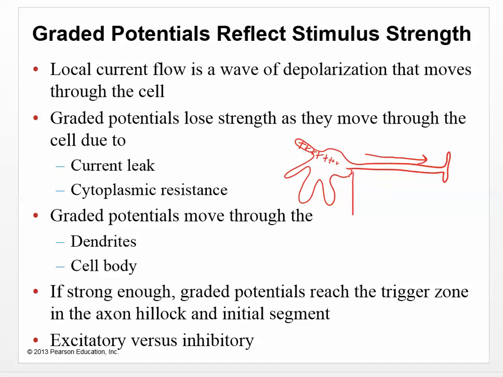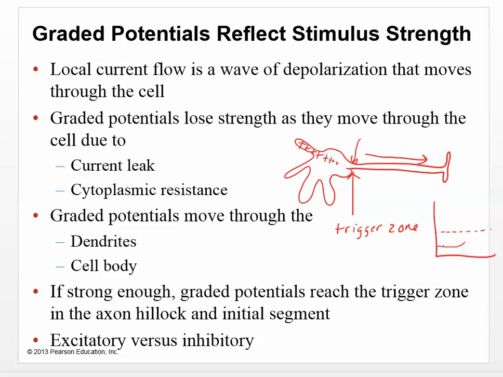So there's something here we call a trigger zone. That's where the signal has to be, where that depolarization has to be. If it's sitting at minus 70 normally, we're trying to get it up to what's called a threshold. We're trying to depolarize it, but our signal keeps fading.